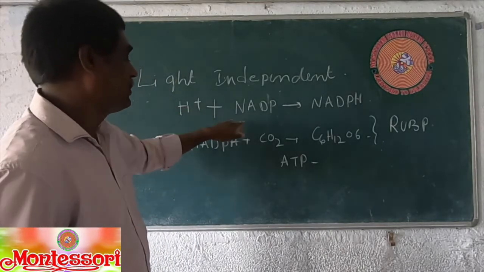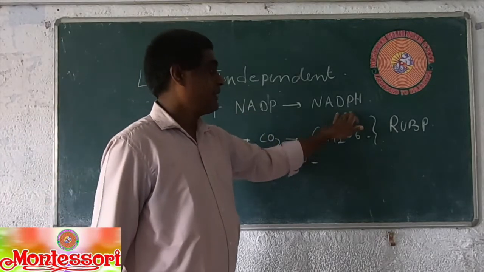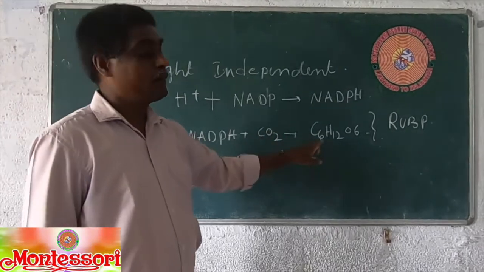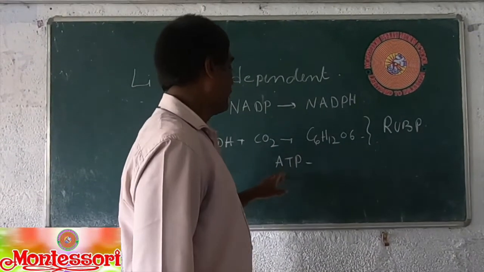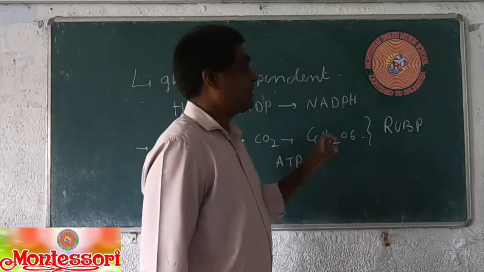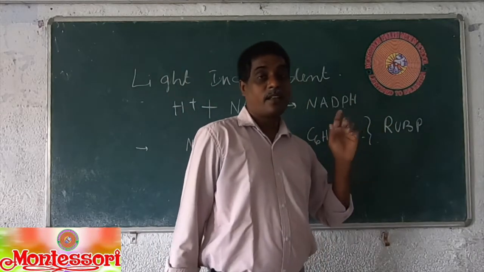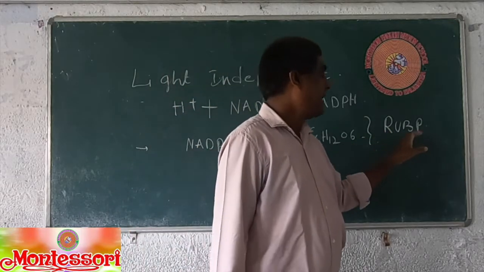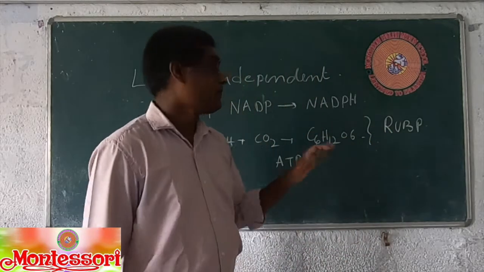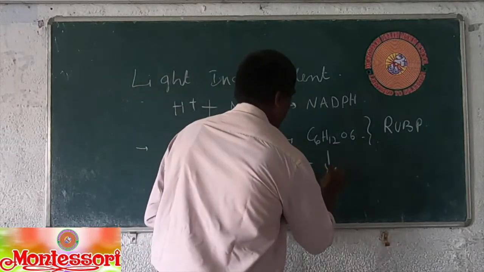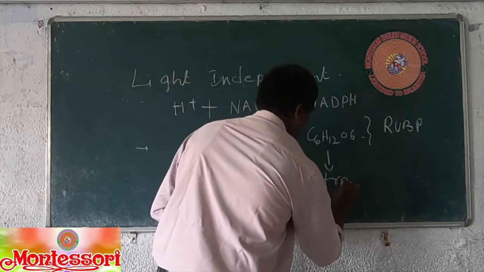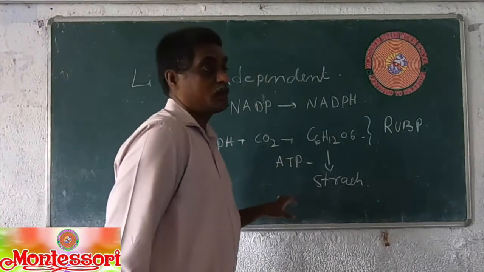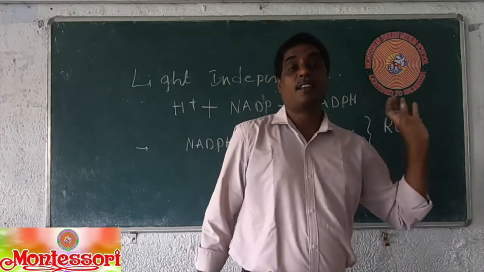Here the H plus ions fuse with NADP and form NADPH, and this NADPH combines with carbon dioxide and forms glucose molecules by using ATP energy. A number of events happen during this process. One intermediary product formed is RUBP, that is ribulose bisphosphate. After that, the glucose molecules unite and form starch molecules. So this is about the light independent reactions.